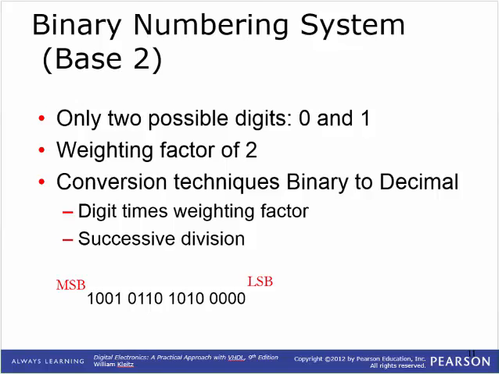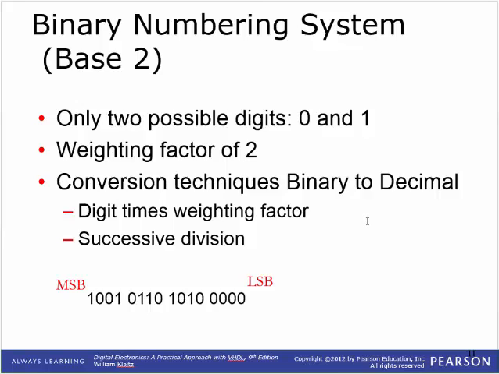So binary is a base 2 numbering system, which means that we have to have two unique characters to represent any number. Our two unique characters are a 0 and a 1. Our weighting factor, base 2, our weighting factor is a 2. So when we convert our base 2 number to base 10, we are going to use powers of 2.